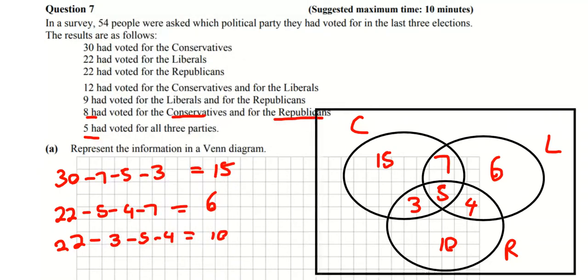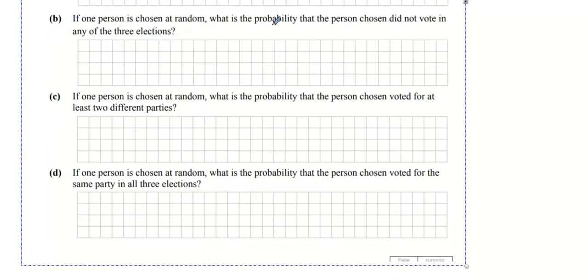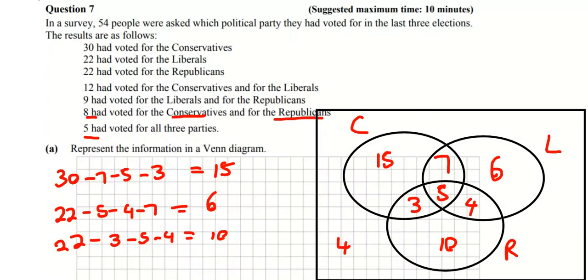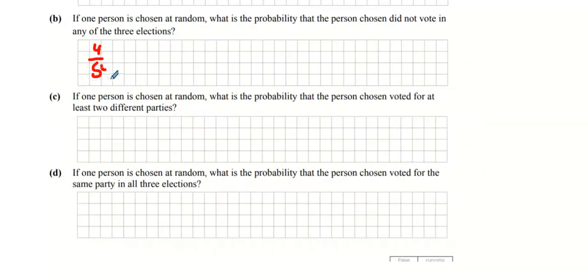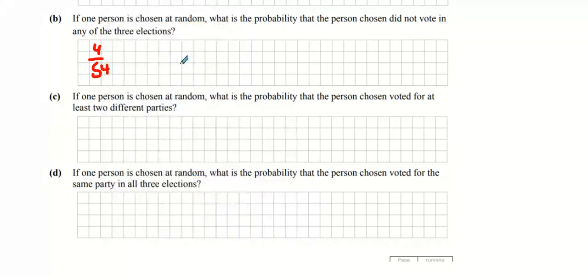So we might want to consider that outcome as well, that 4 people didn't vote for any of these. So, if one person chose at random, what's the probability of a person who did not vote in any of the 3 elections? Well, that would be 4 out of 54. 4 out of 54 is the same as 2 out of 27.